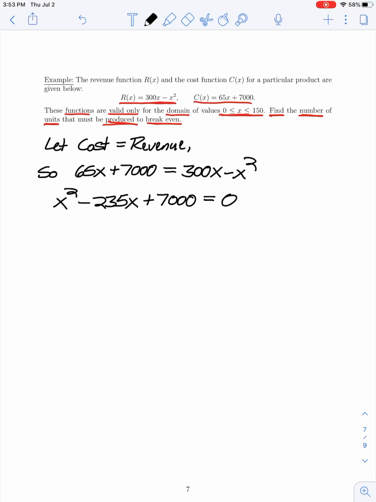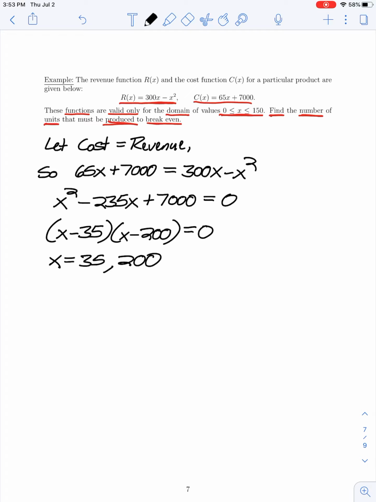One way would be to try to factor this expression. Here we can see that this could be factored as x minus 35 times x minus 200 equals 0, in which case x could be equal to 35 or 200.